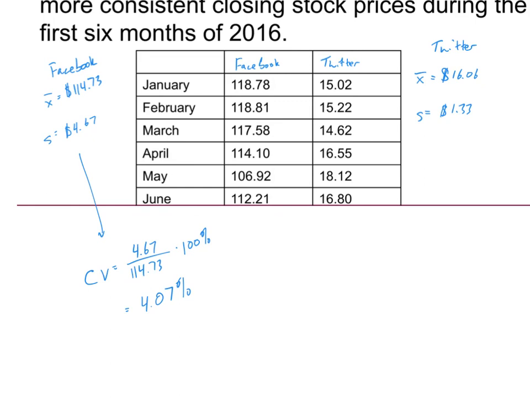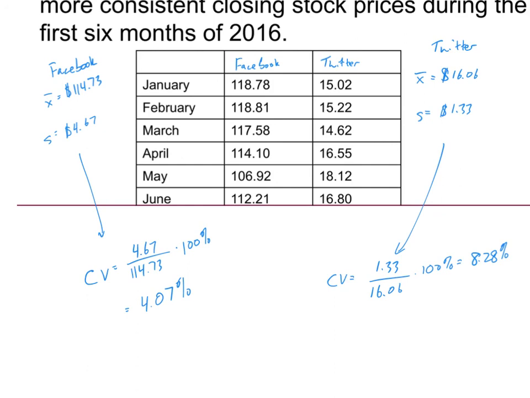Then for Twitter, the coefficient of variation is the standard deviation, 1.33, divided by x bar, the mean, 16.06, times 100%, which is equal to 8.28%.